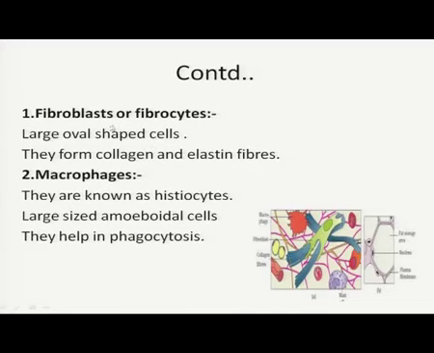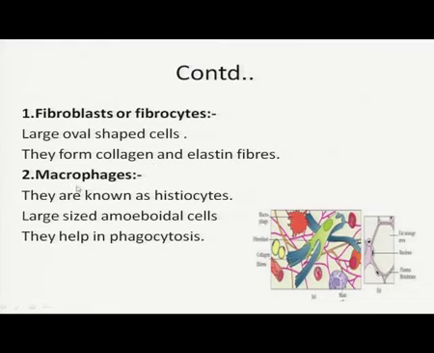Now, fibroblasts or fibrocytes: large cells, oval in shape, and they will secrete the fibers. They will produce collagen and elastin fibers, made up of the proteins collagen and elastin.